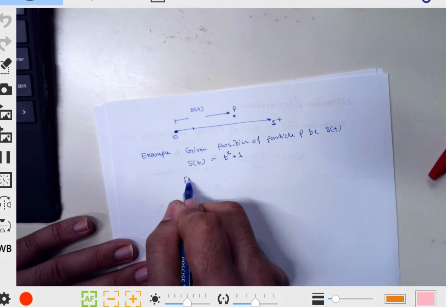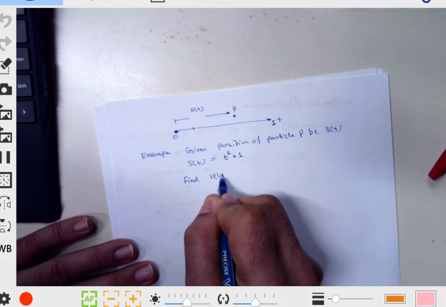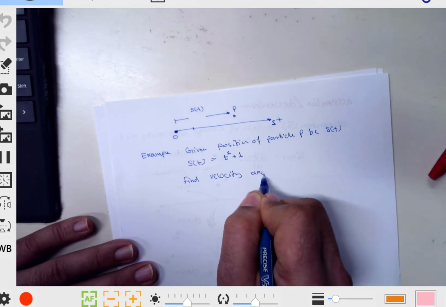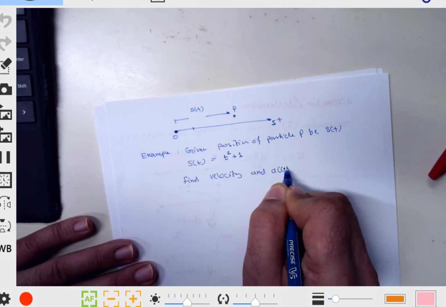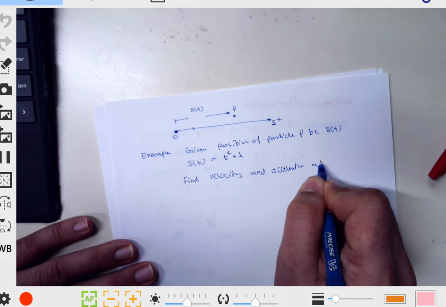Find the velocity and acceleration at any time.